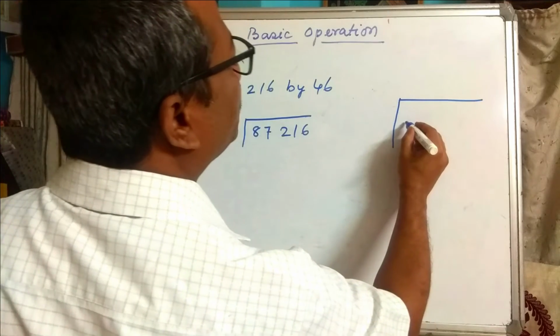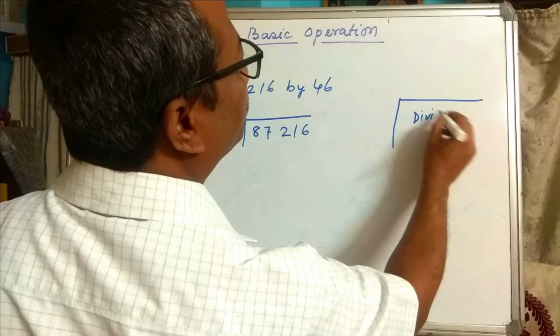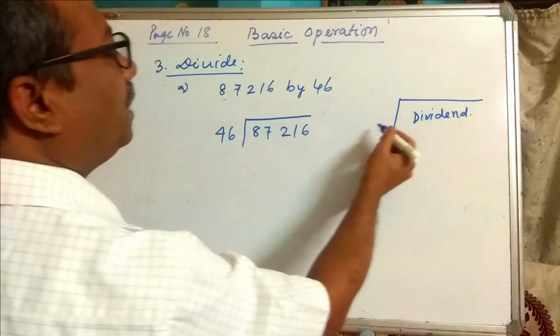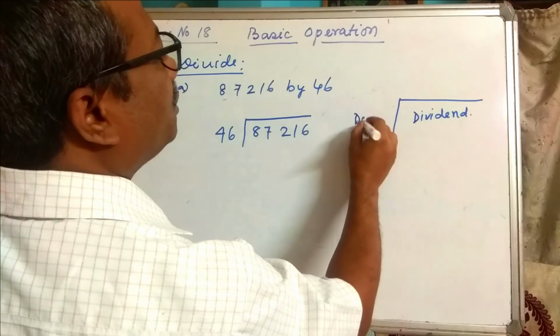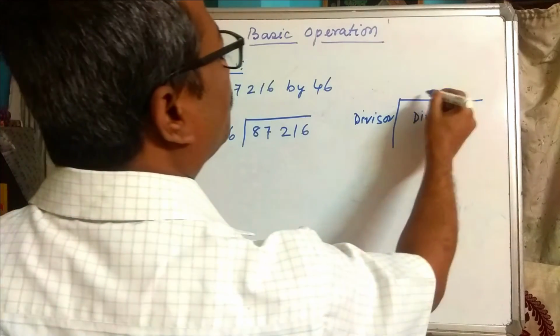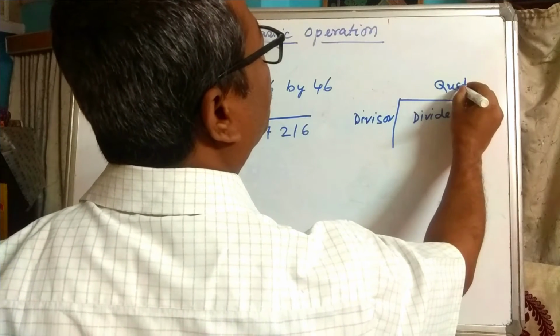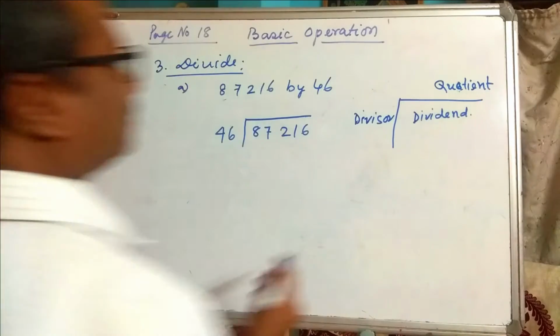Try to recall: what is to be divided is called the dividend. With what number you are going to divide is called the divisor. And the result you get is called the quotient.